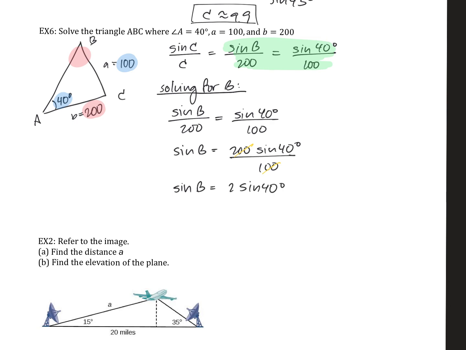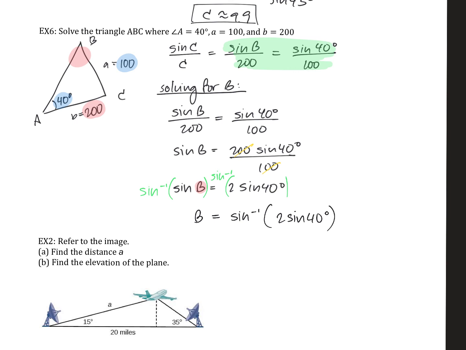The variable we're looking for is inside of sine, so how do we solve for it? We'll go ahead and take the inverse of both sides. And we have B is going to equal sine inverse of 2 sine 40 degrees.